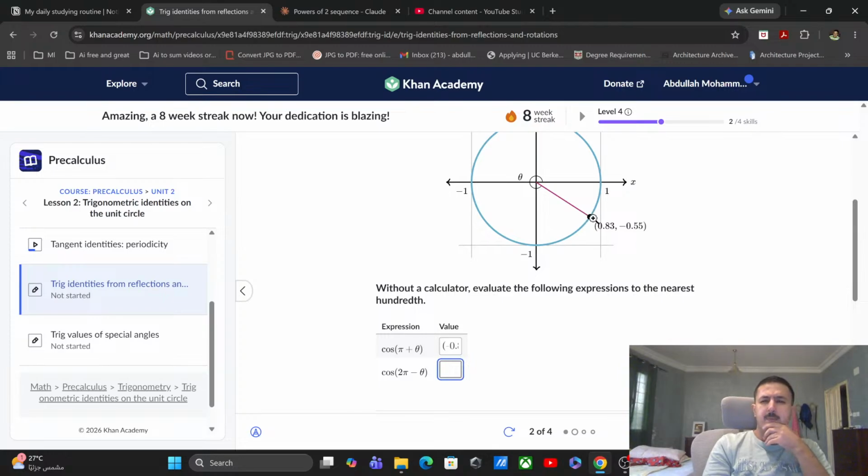So wait, 2 pi minus theta. Could it be here?